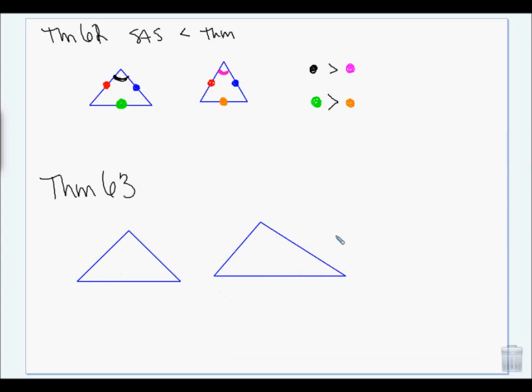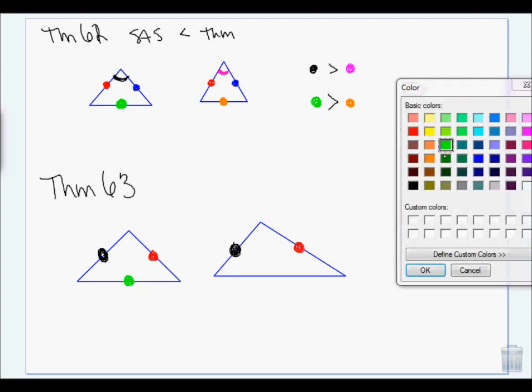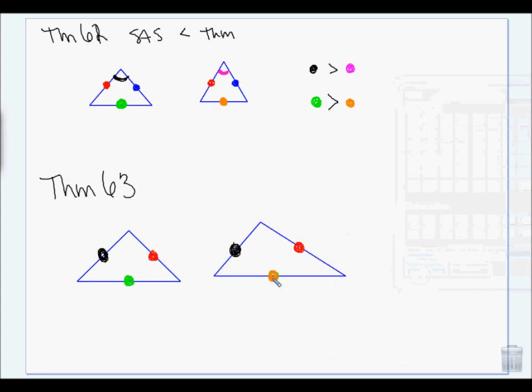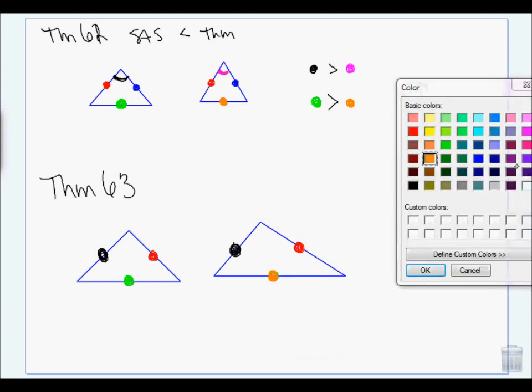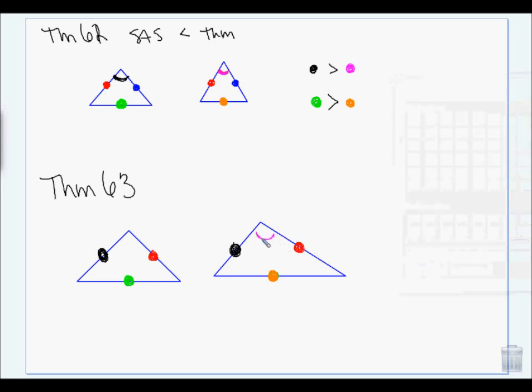Basically, it says that if I have, again, two sides that are congruent, and then the side is longer, in this theorem it's saying if that, then this.